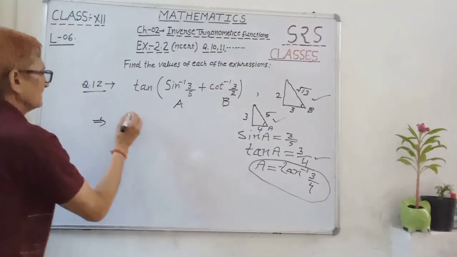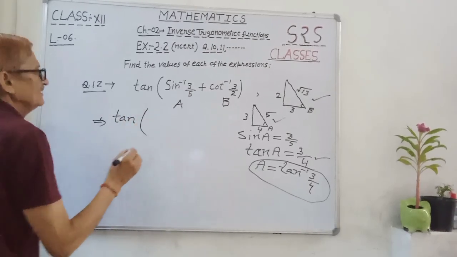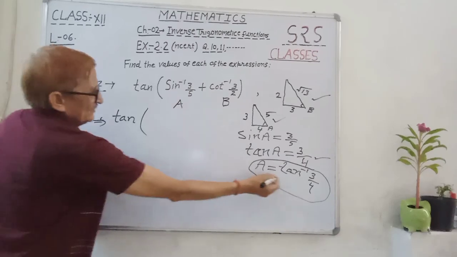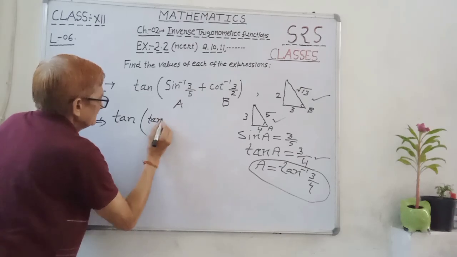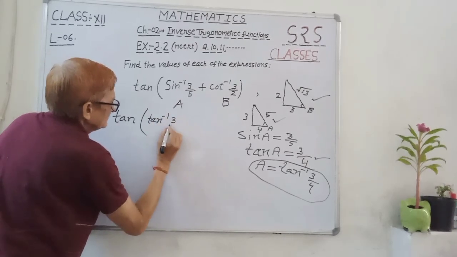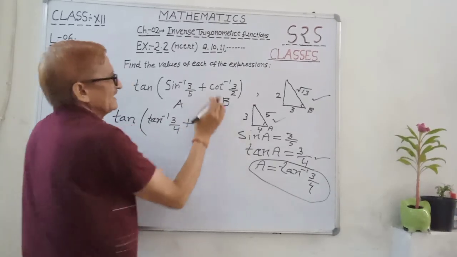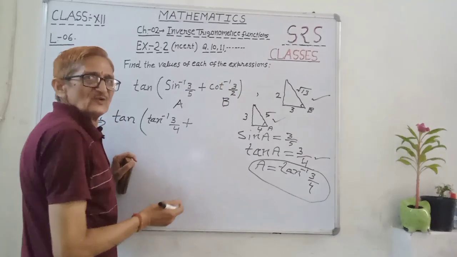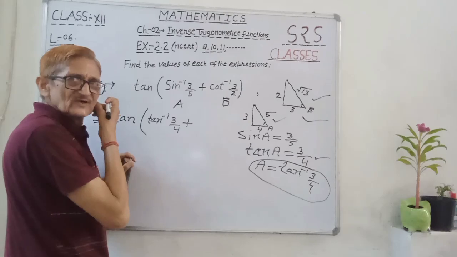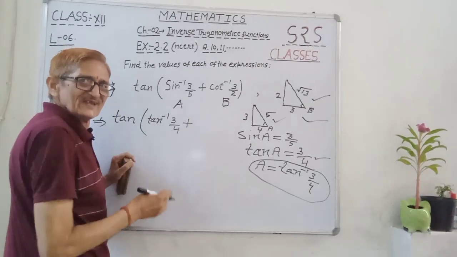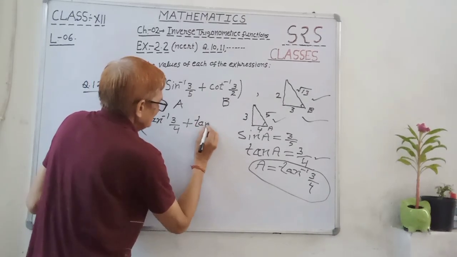Tan means reciprocal, so we can write it directly. The A value is tan inverse 3 by 4, plus cot inverse, which we can write in tan inverse as the reciprocal, because cot and tan are reciprocal.